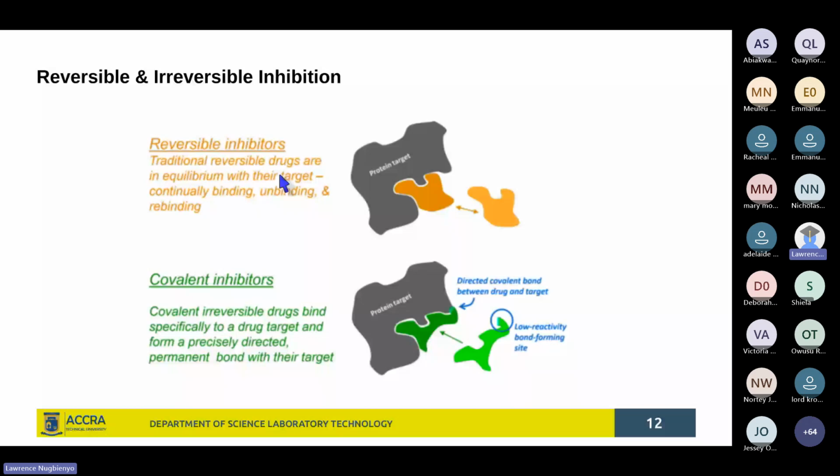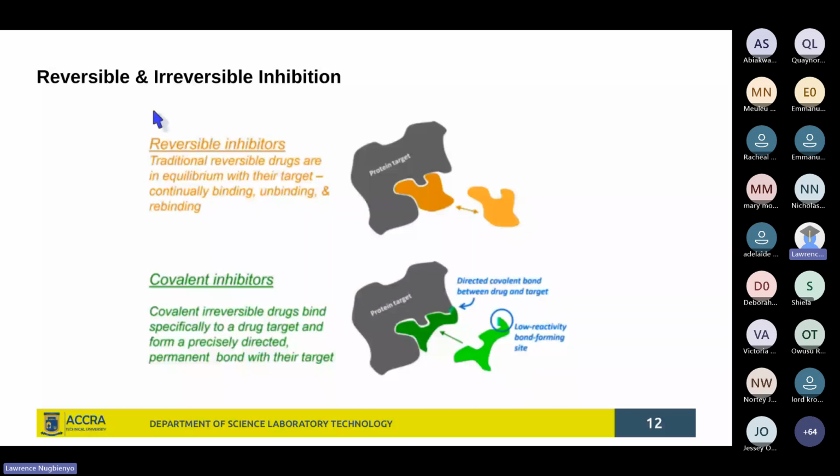Let's say in the case of pesticides, for instance, that are used to control pests, they cause some paralytic effects in these organisms. We'll see some of these examples. We'll see them clearly. So you can have what is also referred to as reversible and irreversible inhibition.